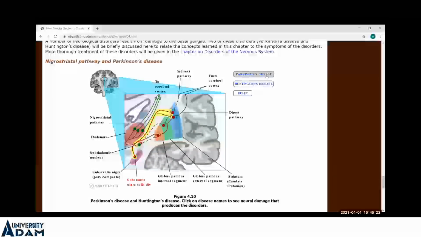As you can see, in the substantia nigra, cells die in Parkinson disease. This is the nigrostriatal pathway, and these cells die in Parkinson disease. As you remember, the substantia nigra releases dopamine, right? Because there will be no dopamine, the substantia nigra will lose both its inhibitory and excitatory effects that influence and excite the striatum.